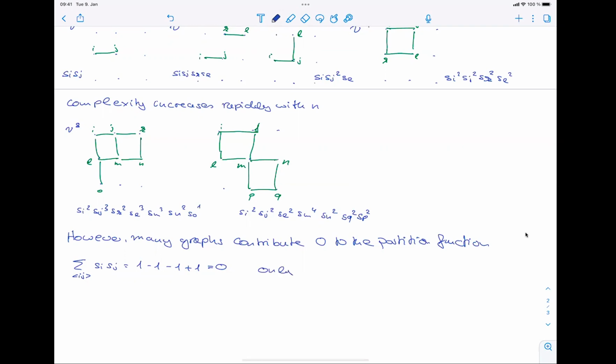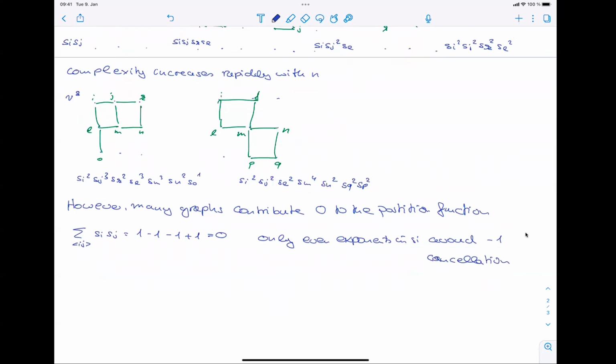So only even exponents of Si avoid the -1 cancellation.